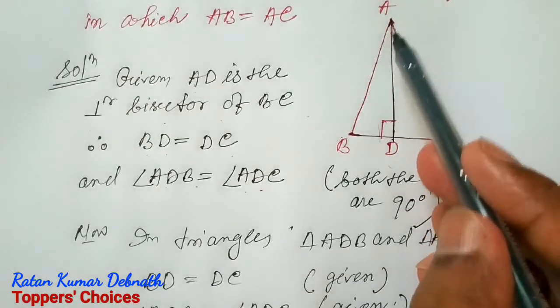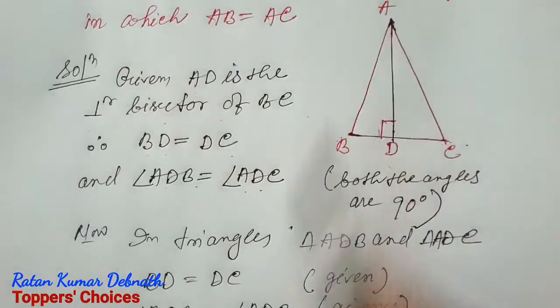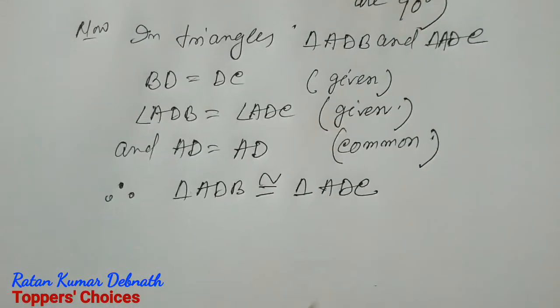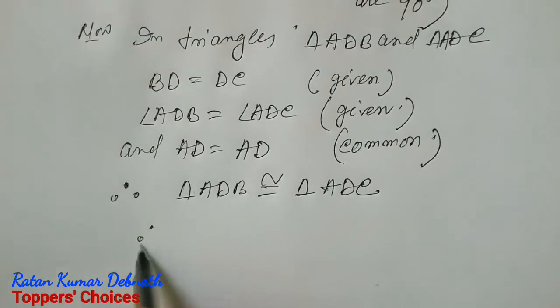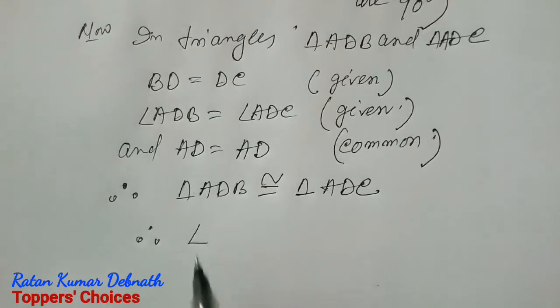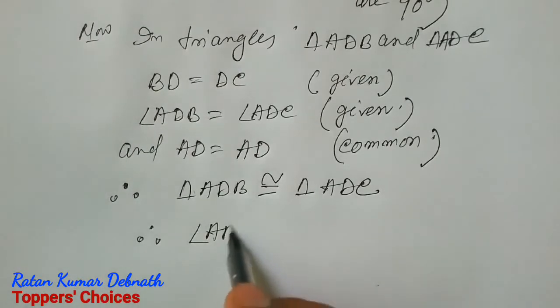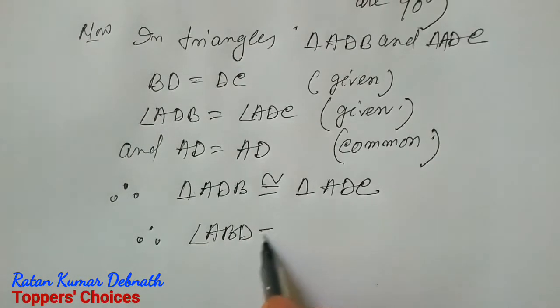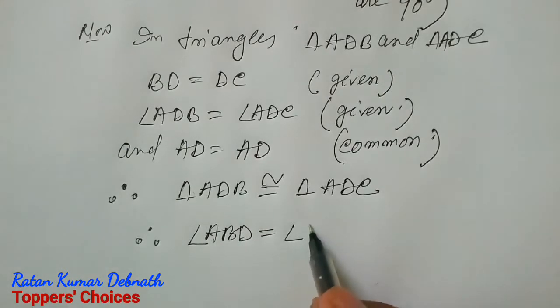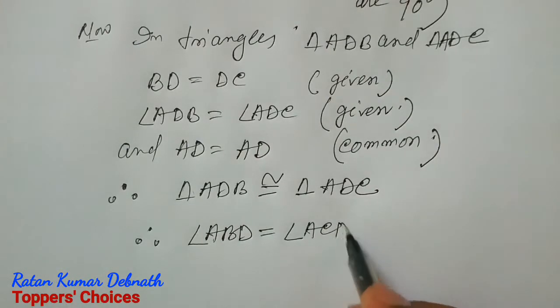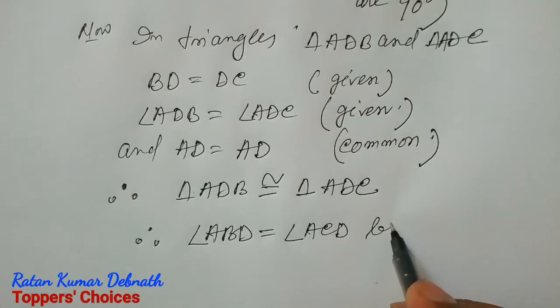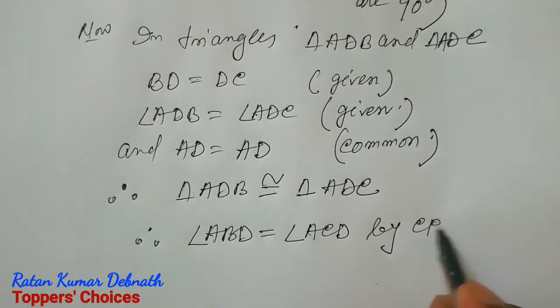Since these two triangles are congruent to each other, therefore angle ABD equal to angle ACD by CPCT.